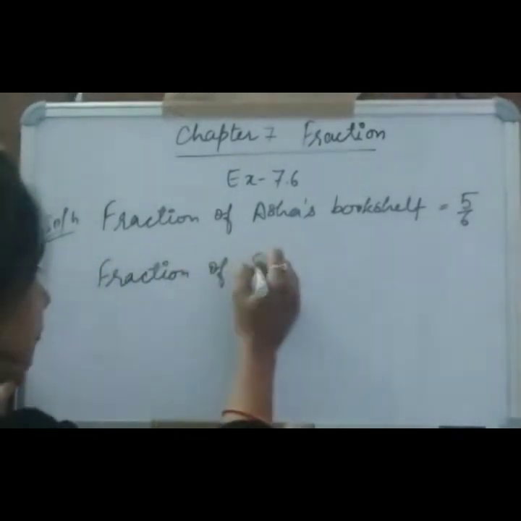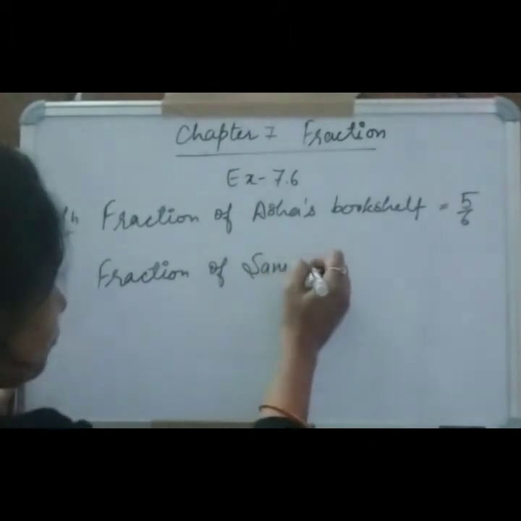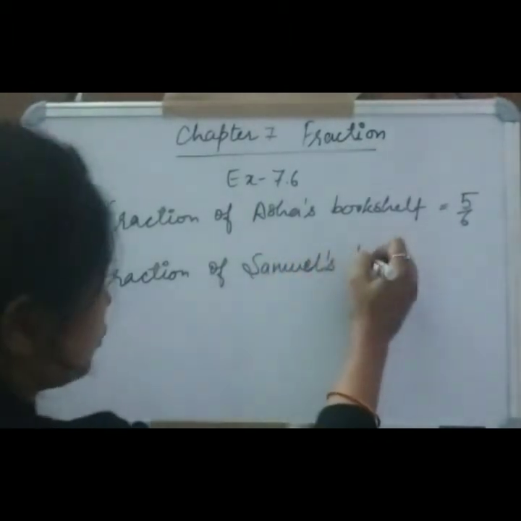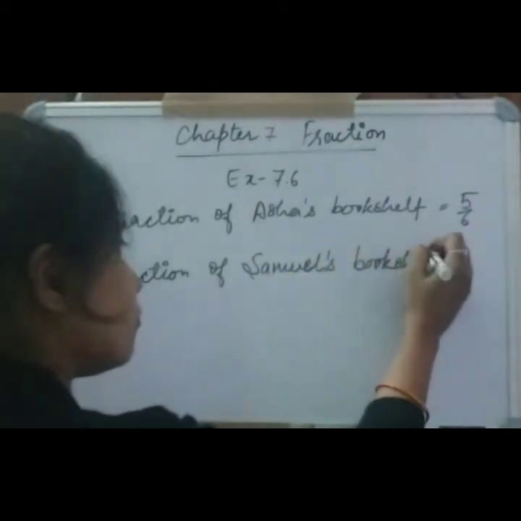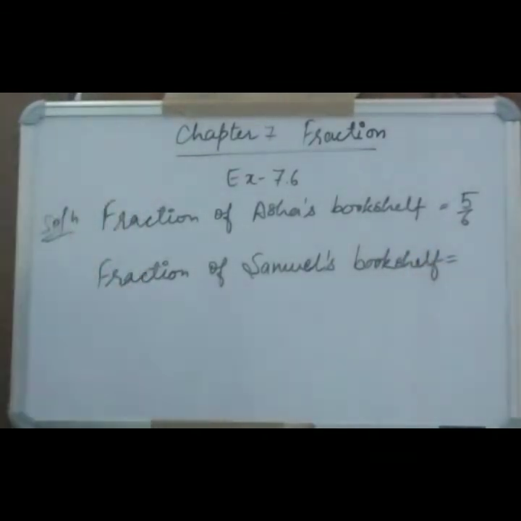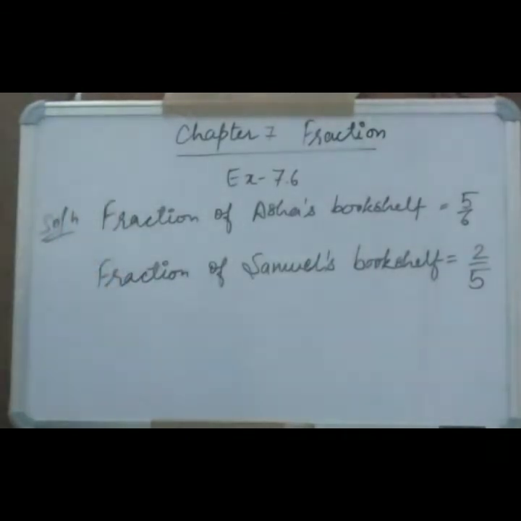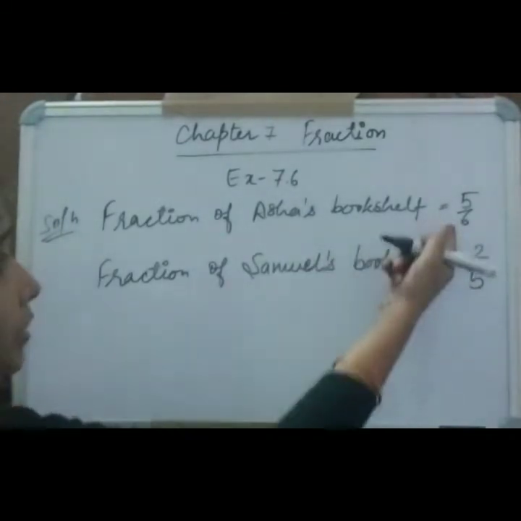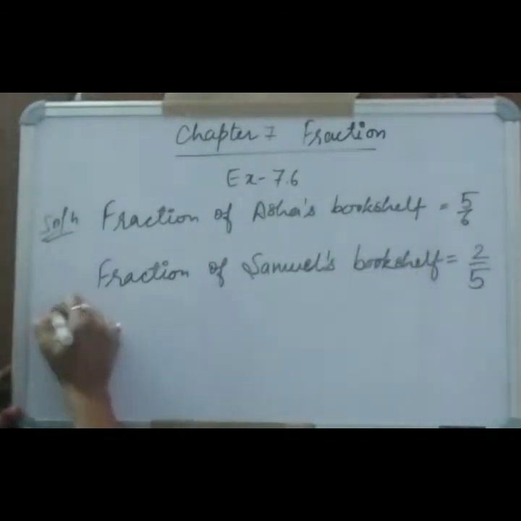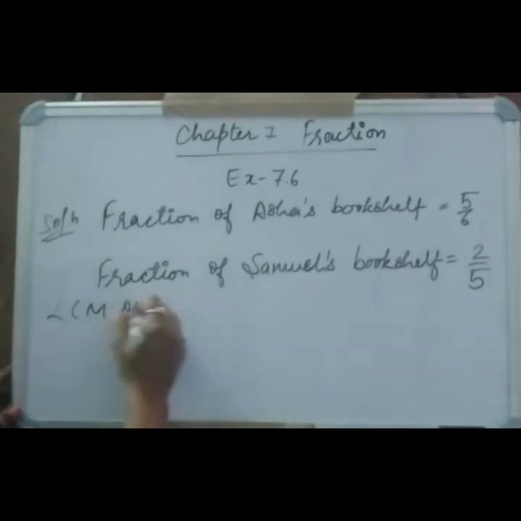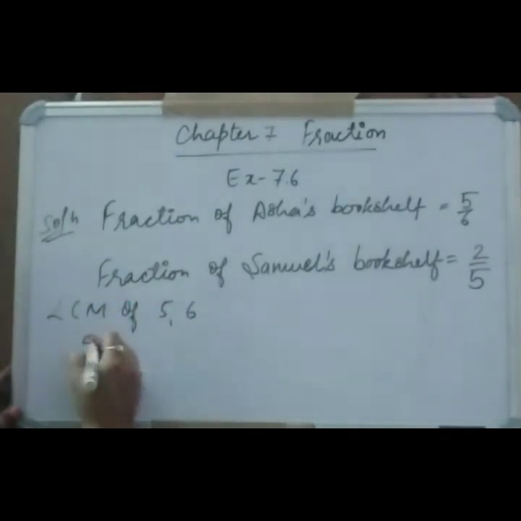Fraction of Samuel's bookshelf. It is how much? 2 by 5. Now whose is more? So we will just compare them. For comparing, we will make the denominators the same. For this, we will take the LCM of 5 and 6.